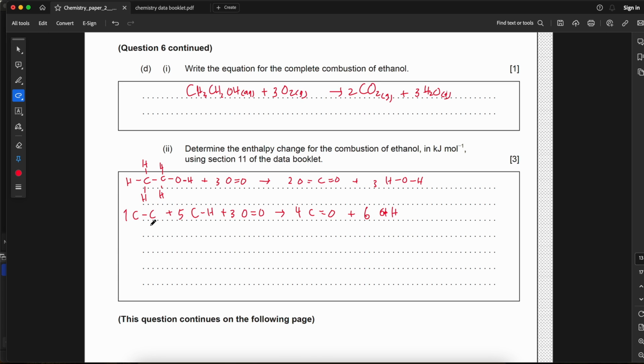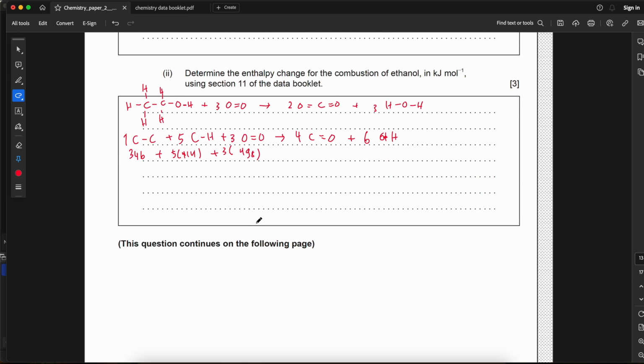So if you refer to the data booklet, you get this 346 plus 5 times 414 plus 3 times 498. Okay, and then 4 times 804 plus 6 times 463.